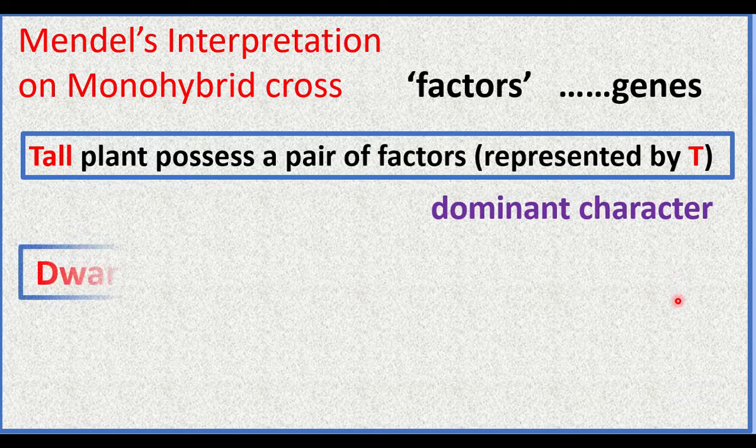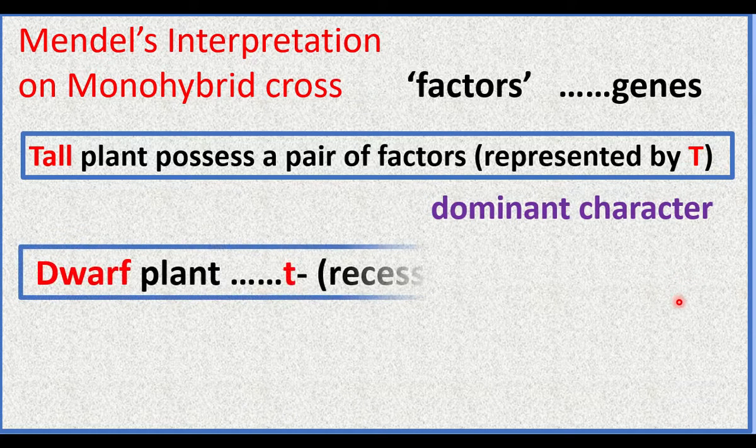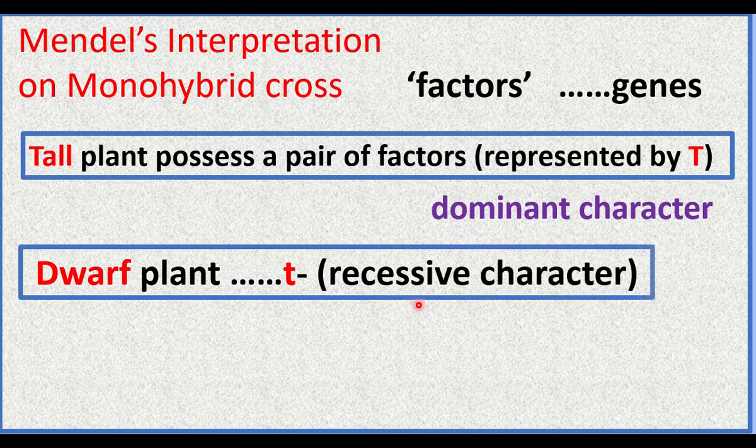Dwarf plant also has a pair of factors, that is small t. This is a recessive character, so a small letter is used. For a dominant character, the first letter of the character is used in capital. For a recessive character, the small letter of the same is used.